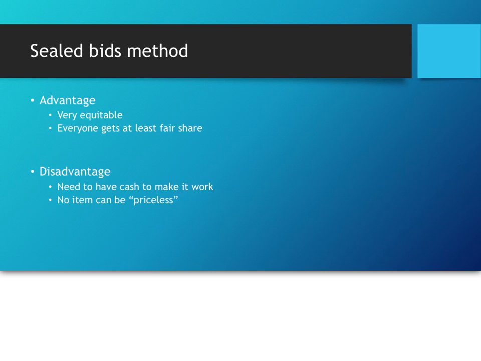Now here's a disadvantage. The disadvantage is you need to have cash to make it work. Okay. So in my example, we saw that Rachel owed $67,000. Now, if Rachel doesn't have $67,000 on hand, that's going to be a problem, because then, things can't be divided nicely.